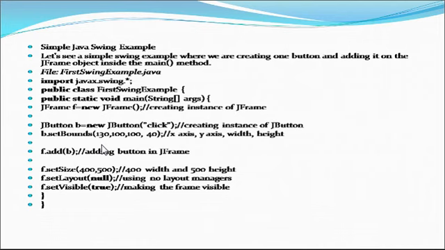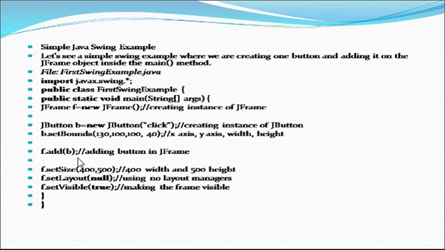Here 130, 100, 140 are the coordinates of your button, like x-axis, y-axis, width and height. The button is added to your frame with f.add, then the frame size is set, the layout is null, and setVisible is true. If you put true, then the frame is visible to all users, but if you put false, then it is not visible.